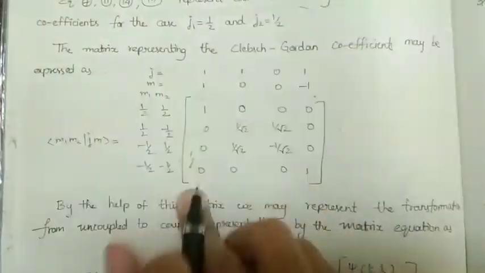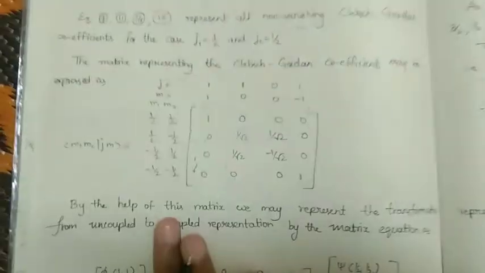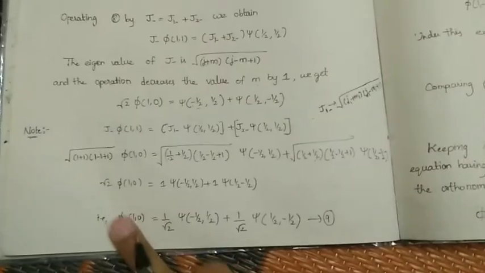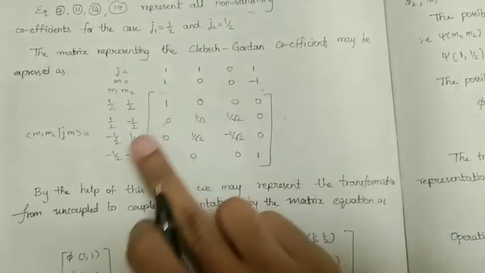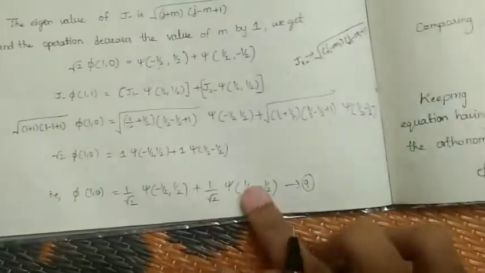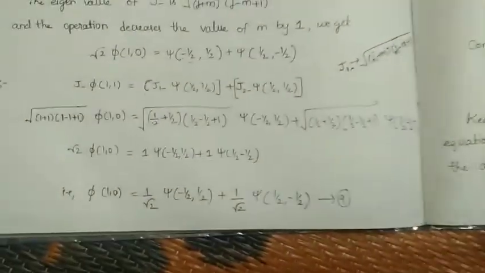And next for phi of 1 comma 0, that is this. We have 1 by root 2 for minus half comma half, and again the same 1 by root 2 for half comma minus half. There are no remaining possible wave functions, so they are all 0.